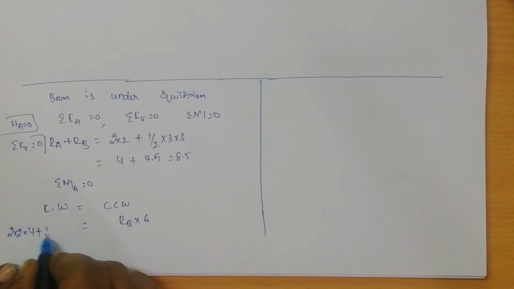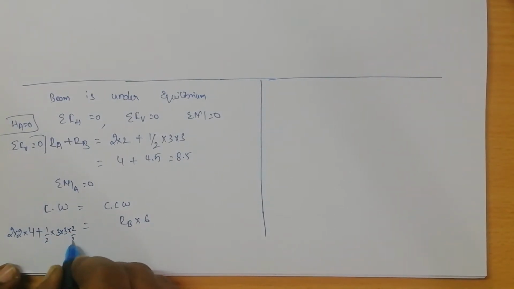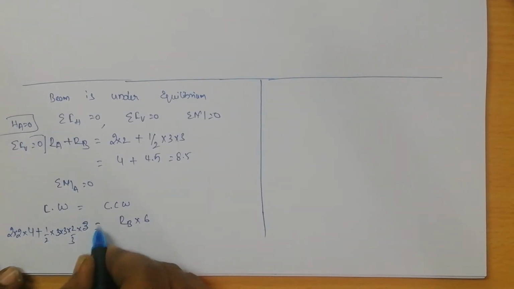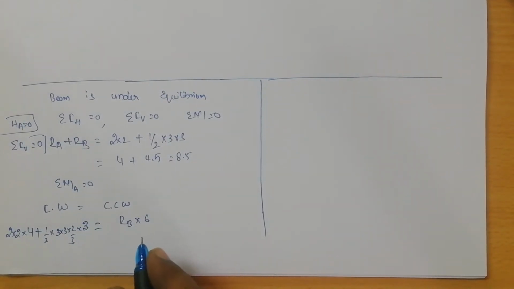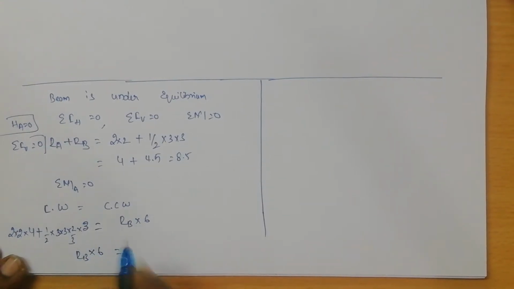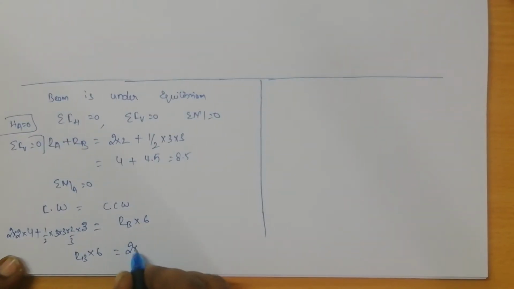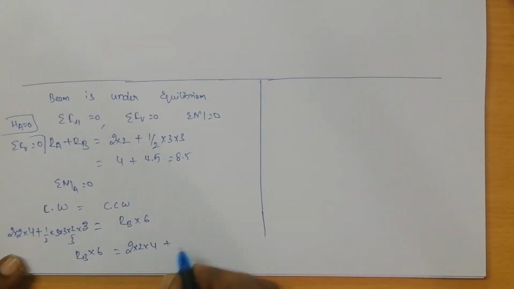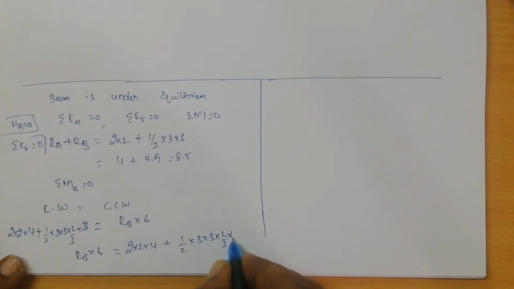So the load because of the UVL is half into base 3 into 3, into 2/3 into 3, equal to RB into 6. I will rewrite this because it is congested here: RB into 6 equals 2 into 2 into 4 plus half into 3 into 3 into 2 by 3 into 3.